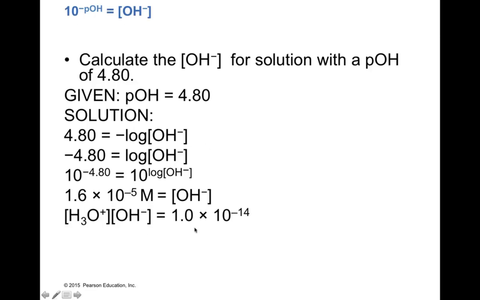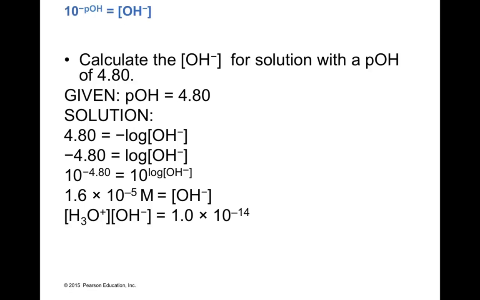And to determine the concentration of H3O, we just use the Kw. Now this one is concentration, it's not pH or pOH. When we are talking about pH and pOH, pH plus pOH is equal to 14. When we are talking about concentration, the concentration of H3O positive times the concentration of hydroxide is going to be equal to 1.0 times 10 to the minus 14, and this is equal to Kw.